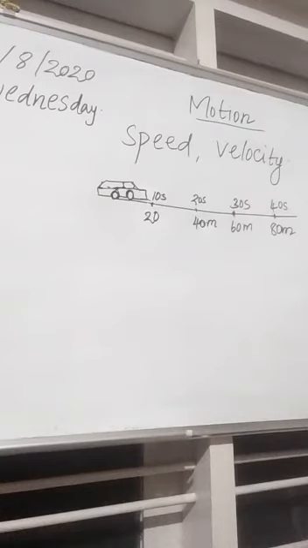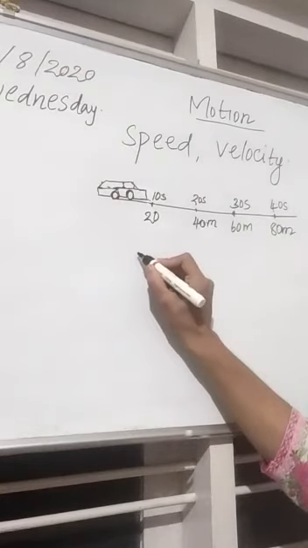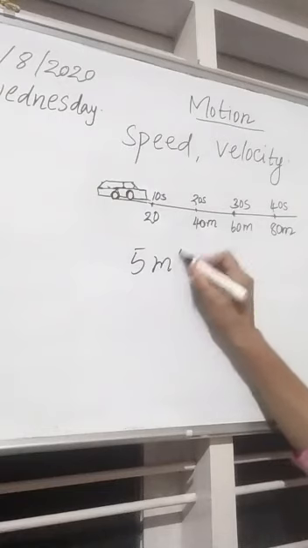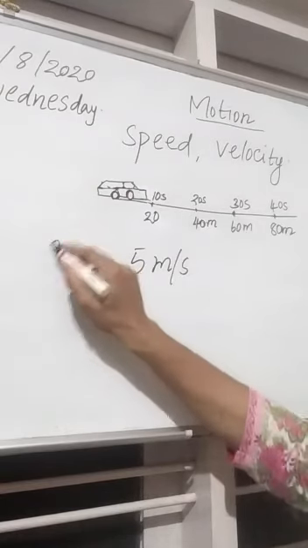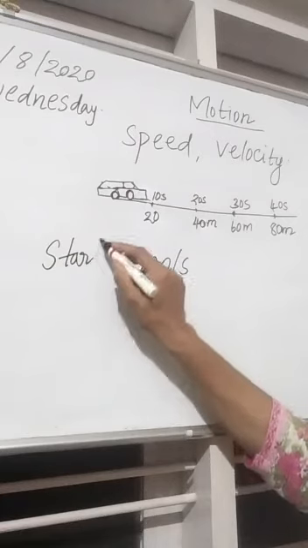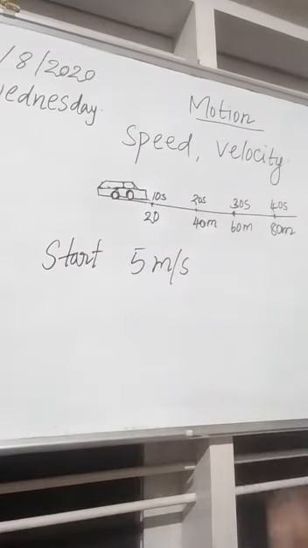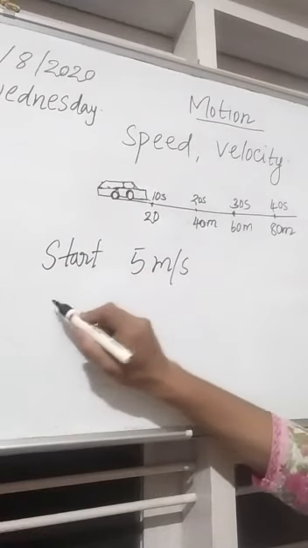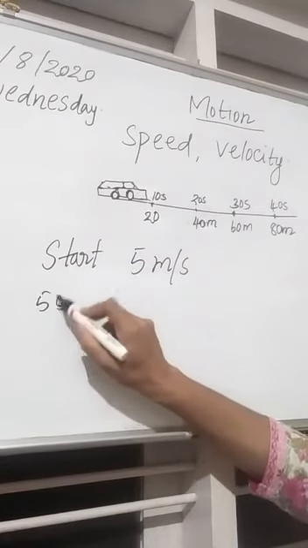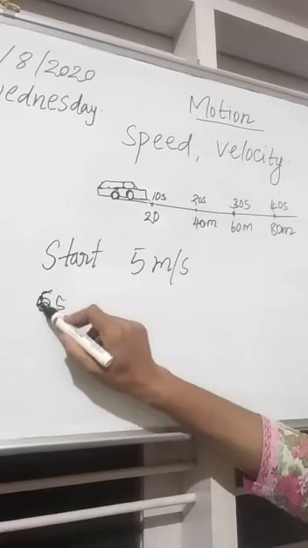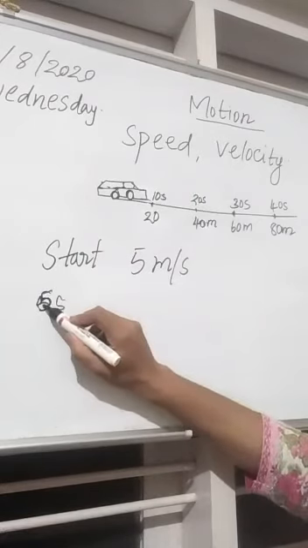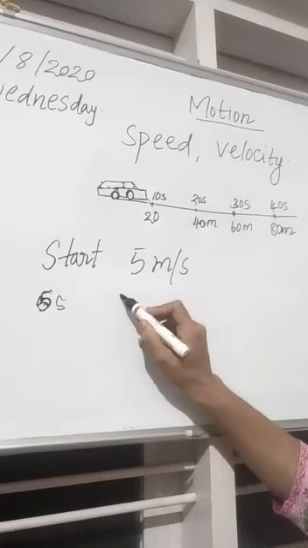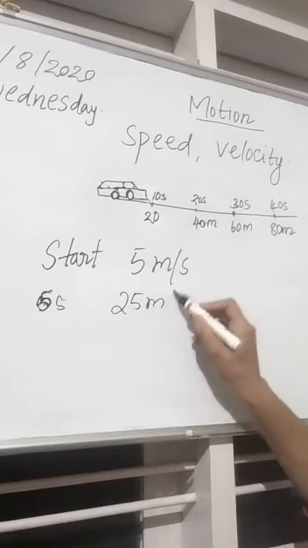So here, what is meant by increasing and decreasing the speed? Suppose you are starting with a speed of 5 meter per second. You start with a velocity, or speed, of 5 meter per second, and 5 seconds later, if you see the speedometer, your speed shows 25 meter per second.